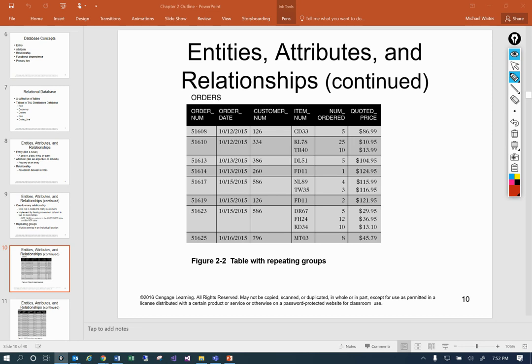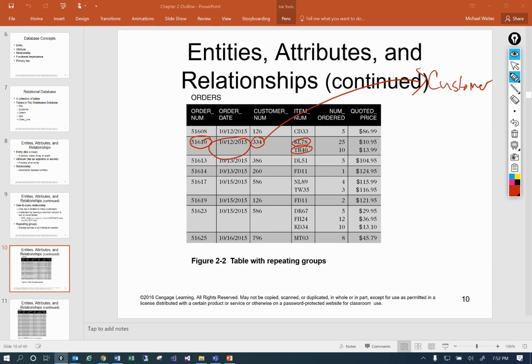The data that's in here is basically the answers to the attributes. So the order number, this is that order number. When it was ordered, the customer number, which by the way is a reference out to the customer table. Here's that item number.